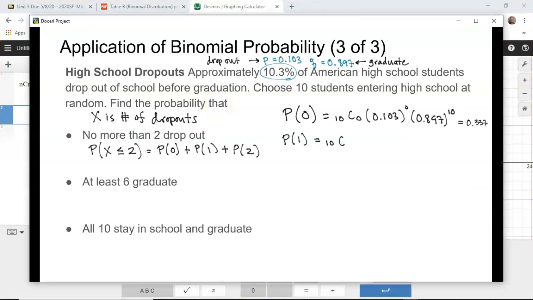So the next one is the probability that 1 student dropped out. Notice the change in the formula. So 10C1, so now 1 dropped out. In our formula, this exponent changed to a 1 because now 1 student dropped out, and then this changed to a 9 because if 1 drops out, that means 9 now graduate.